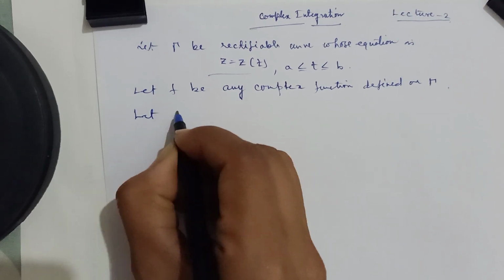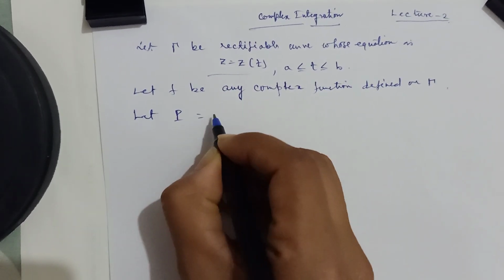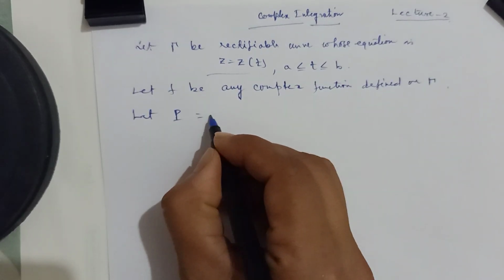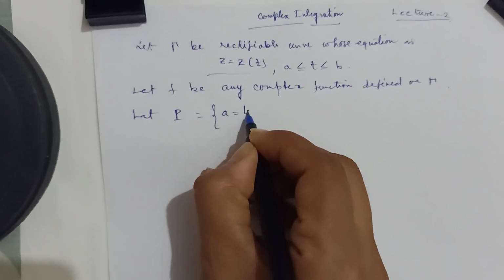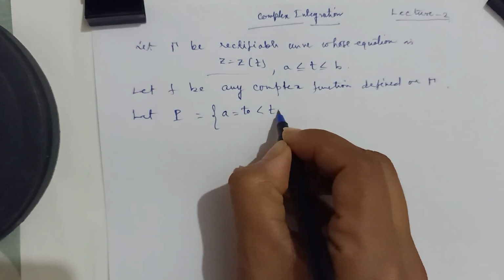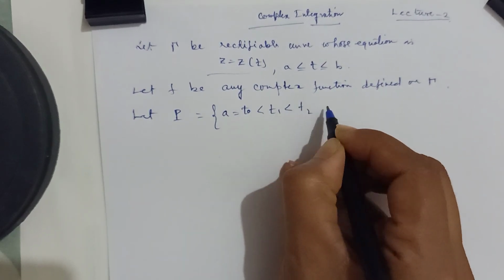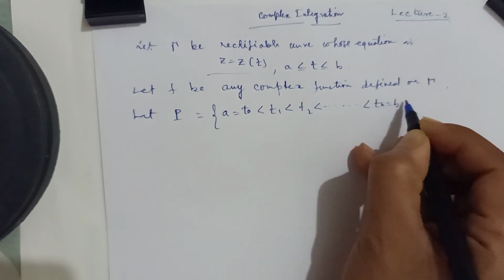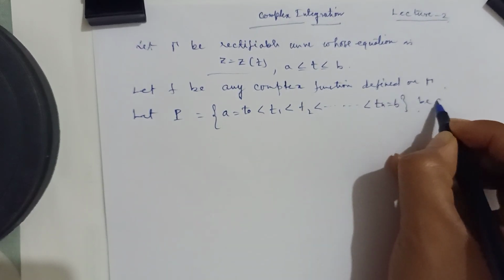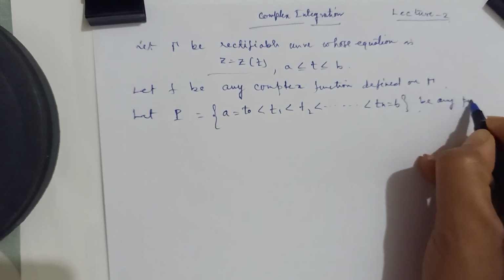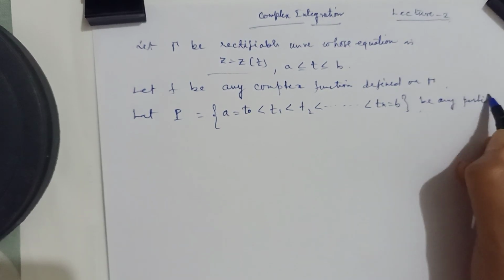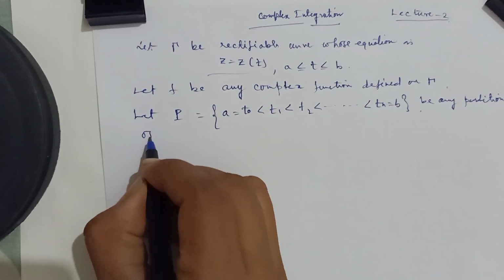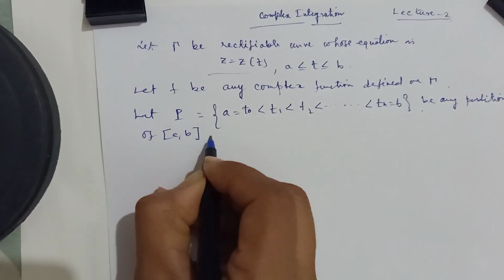And let P be a partition of the closed interval [a, b], that is a equals to t0 less than t1 less than t2 up to less than tn equals to b. Be any partition of the closed interval [a, b].